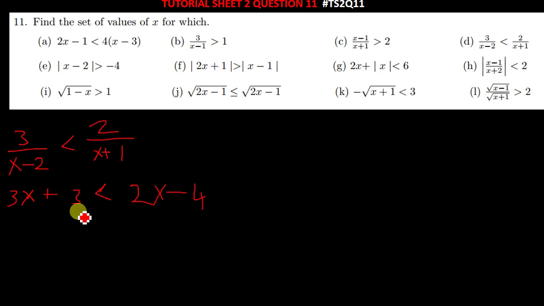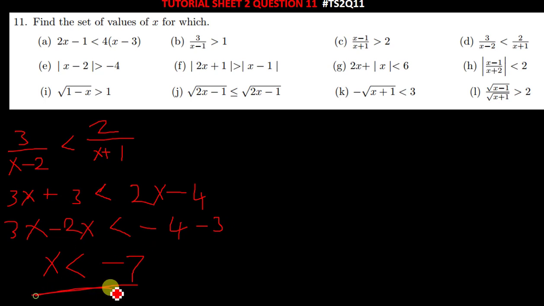So you pair the like terms here, you're going to have 3x minus 2x being less than negative 4 minus 3. Then this 3x minus 2x, you have your x less than negative 7. So these are the values of x that we need.